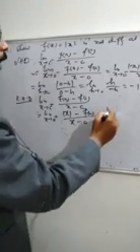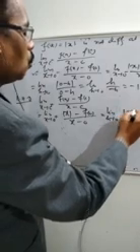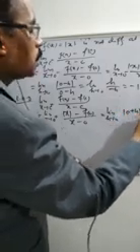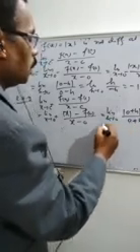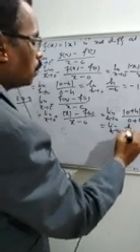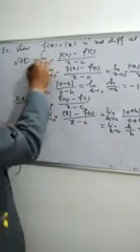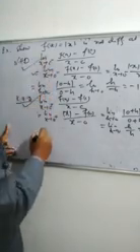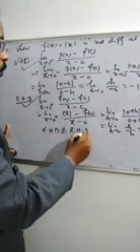If you take the limit as h tends to 0, it will be (0 plus h, modulus, minus f(0), value 0) by (0 plus h). Then the limit as h tends to 0 of h by h is equal to 1. So the LHD value is minus 1 and the RHD value is 1. So LHD is not equal to RHD, so it is not differentiable at x equal to 0.